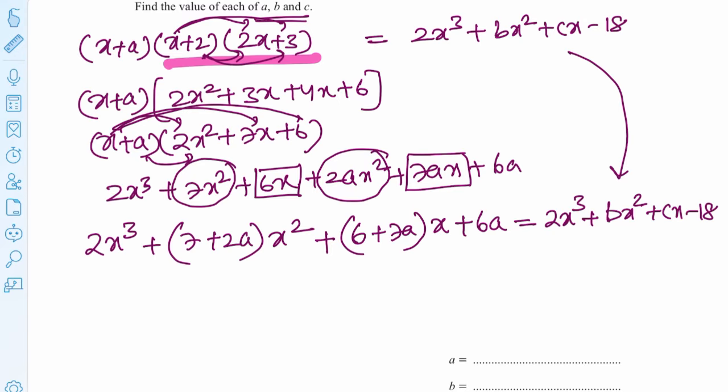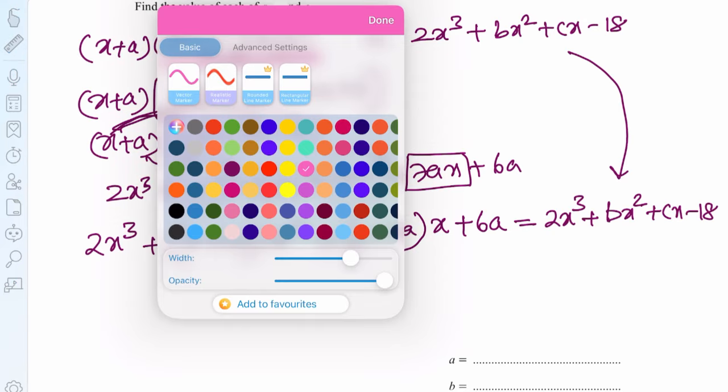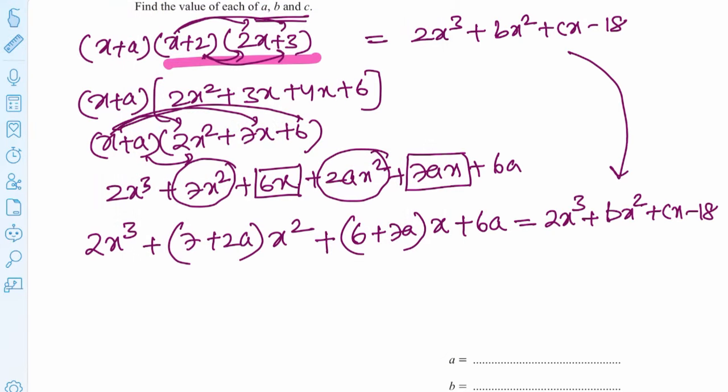If you see this question carefully, let me change the color. See here the coefficient of x cubed is 2, and this is also 2. Here it is b, and this is 7 plus 2a, because of the x squared coefficient, so I can write 7 plus 2a equals b, right?